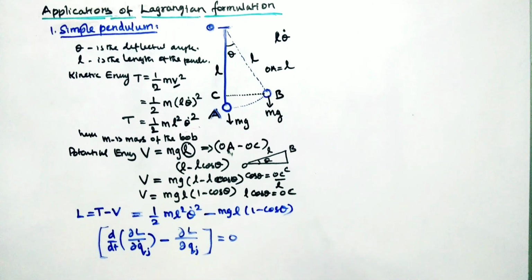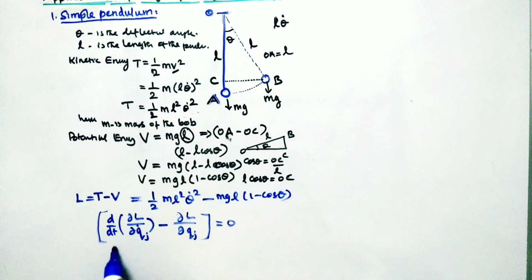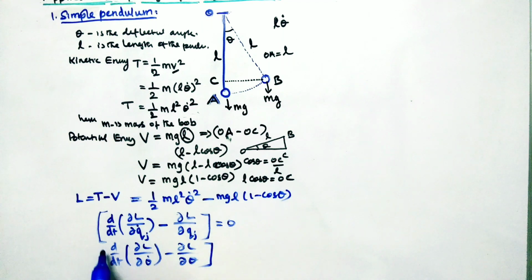Therefore we can rewrite this equation: d by dt of dou L by dou theta dot minus dou L by dou theta is equal to 0. Then we have to derive the dou L by dou theta dot and dou L by dou theta from this equation.